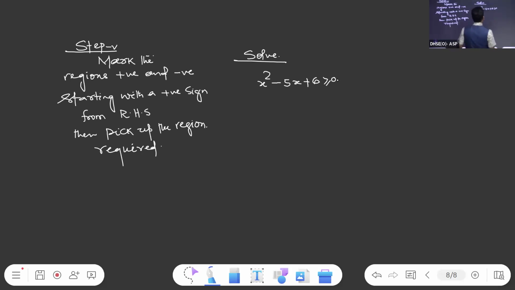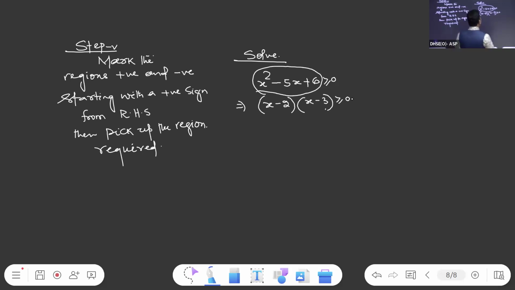So what is your first step? The first step is to factorize the quadratic expression in the inequality into linear factors, either by middle term splitting or by finding the roots. This is a common quadratic expression. You know, this can be factorized as (x − 2)(x − 3) ≥ 0, right? Clear?